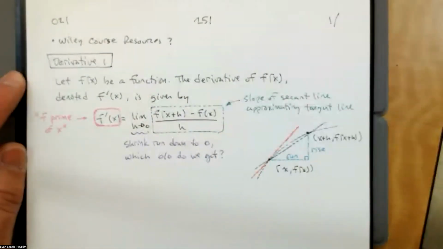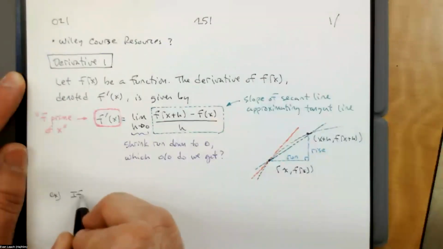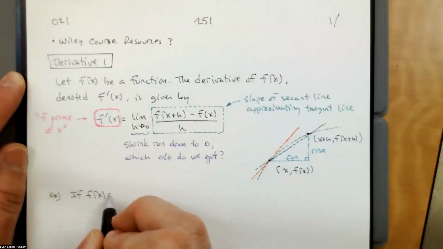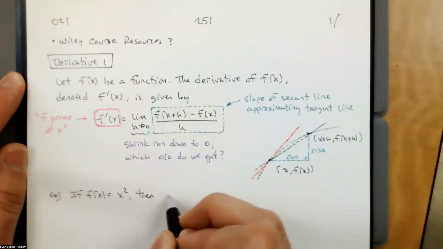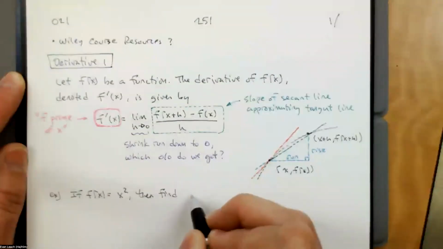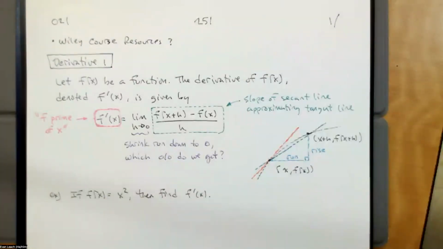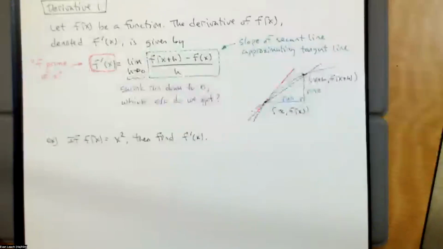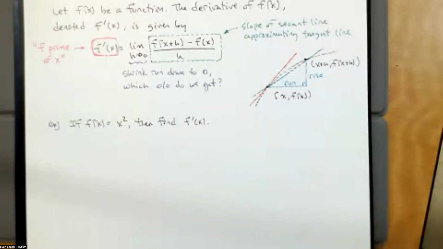So for example, if I give you the function x squared and ask you to find f prime of x, first of all, we know the shortcut. So we're like, oh, the derivative is 2x.